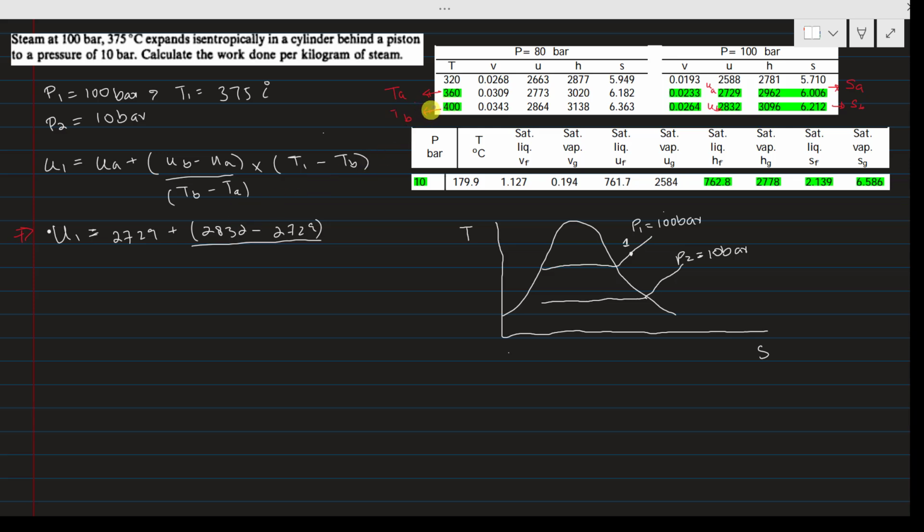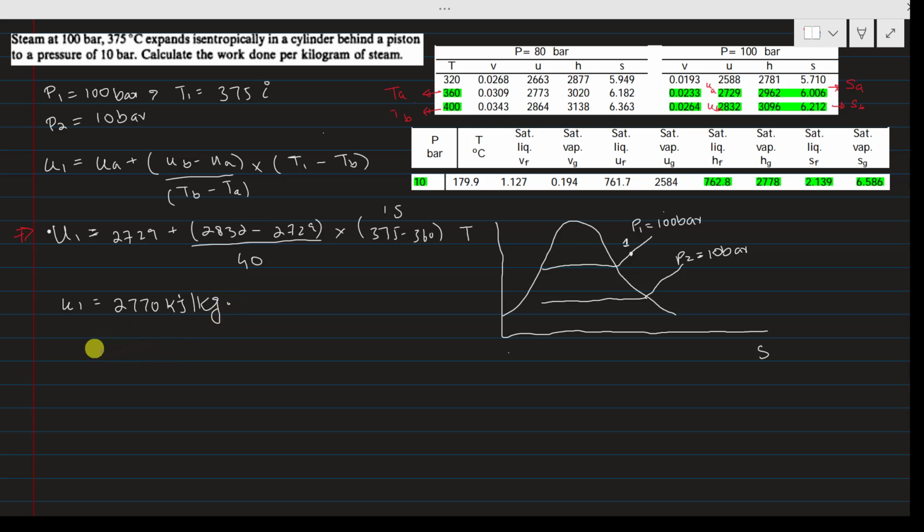If you subtract TB minus TA, that will be 40 centigrade, multiplied by T1 minus TA, that is 375 centigrade minus 360, which is equal to 15. After simplification you will get the value U1. Remember the interpolation formula will give you the approximate value, not the exact value. So the U1 value will be about 2770 kilojoule per kg.